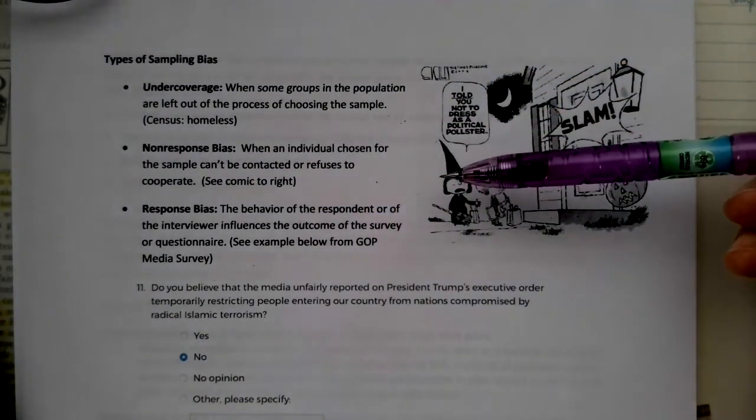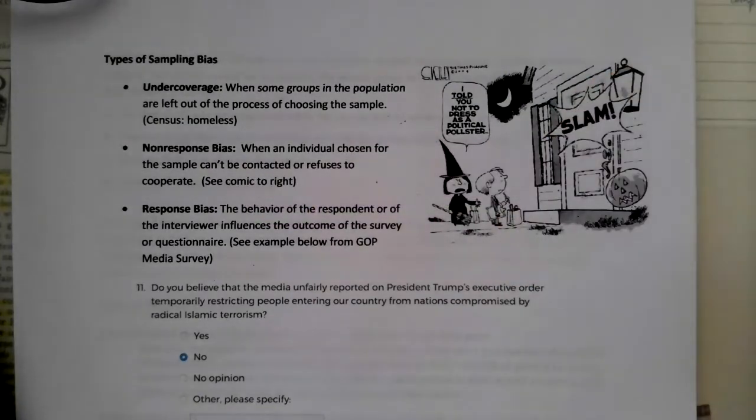Another type of bias is response bias, and that's when people lie or misrepresent information. And that could happen for a number of reasons. So one reason is maybe the wording of the question is very vague, and people just don't understand what's meant by that question.